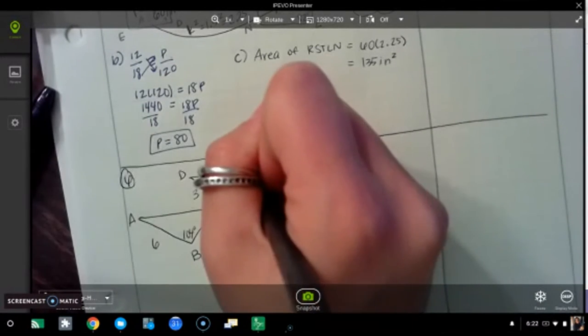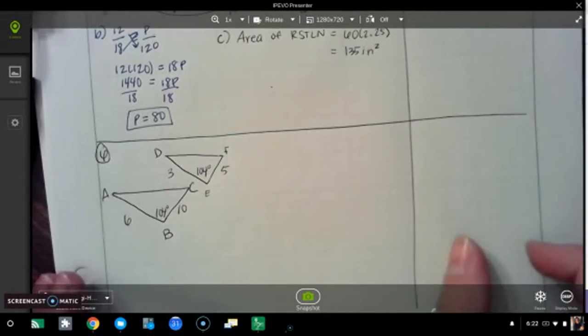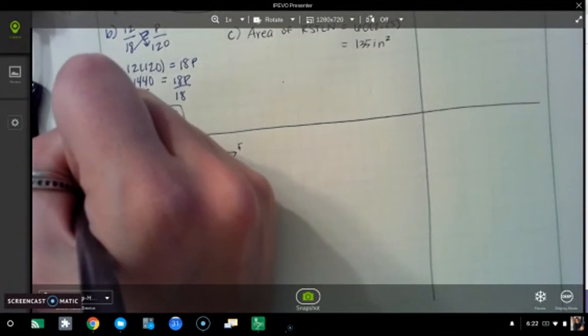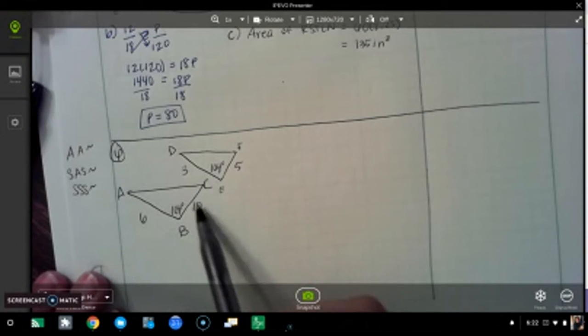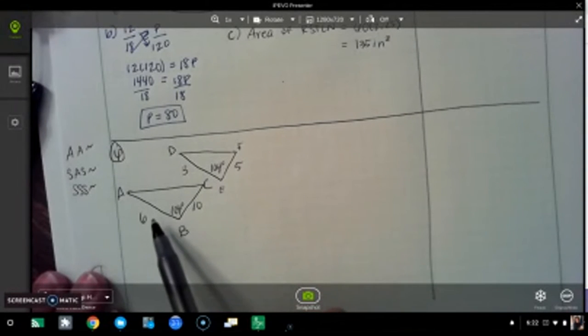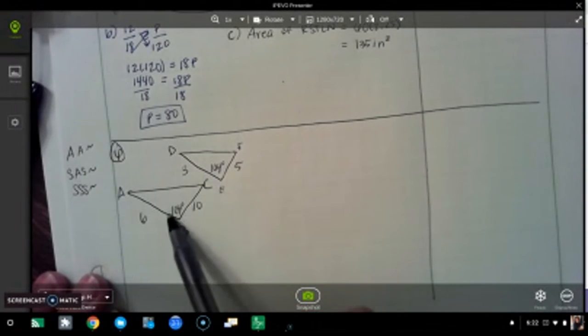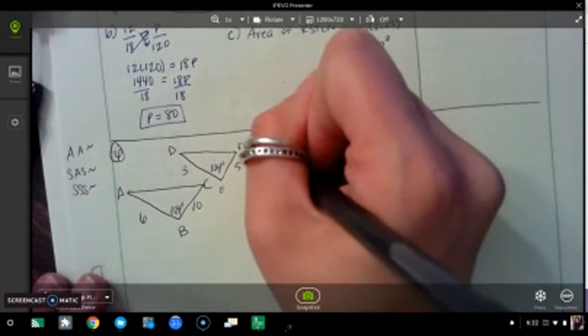So we know we have 3 different ways of doing triangle similarity. We've got angle-angle similarity, we've got side-angle-side similarity, and we have side-side-side similarity. I know I can't do side-side-side because I don't have all 3 sides, and I can't do angle-angle because I only have one angle. So I have to do side-angle-side here.